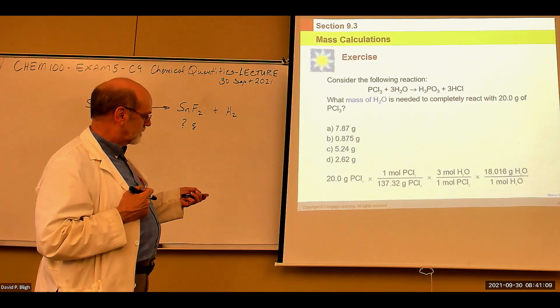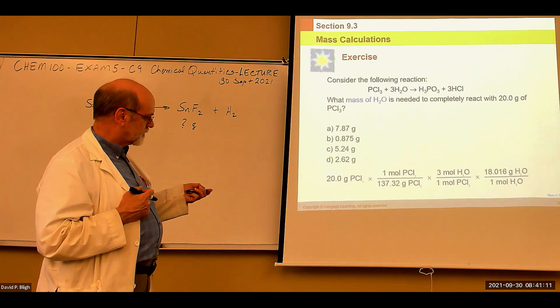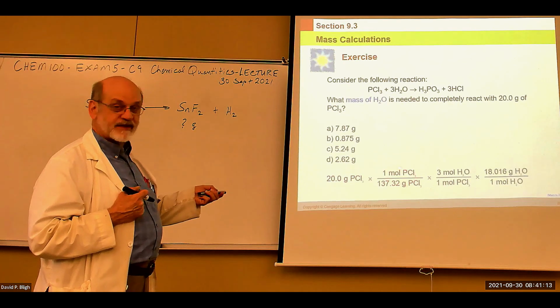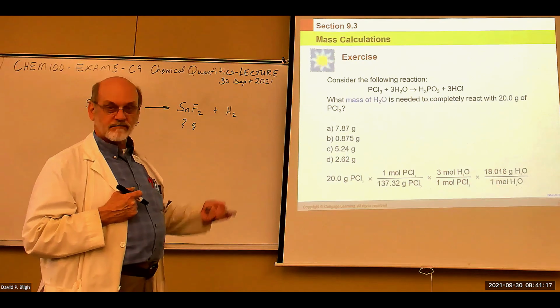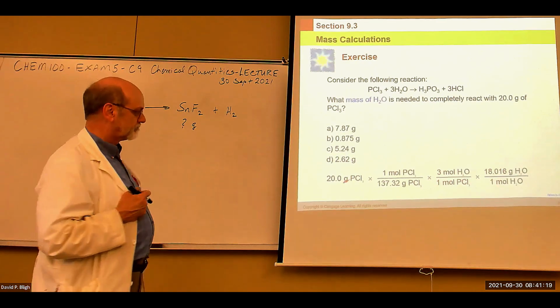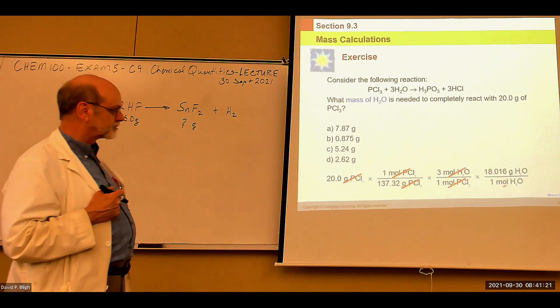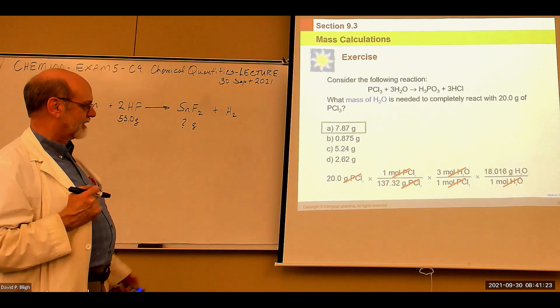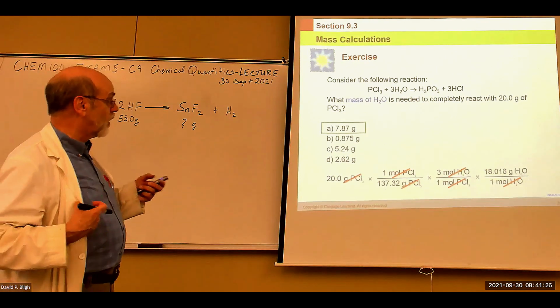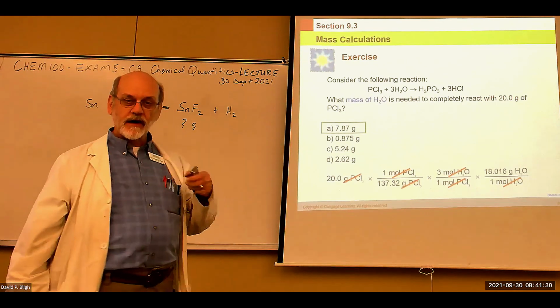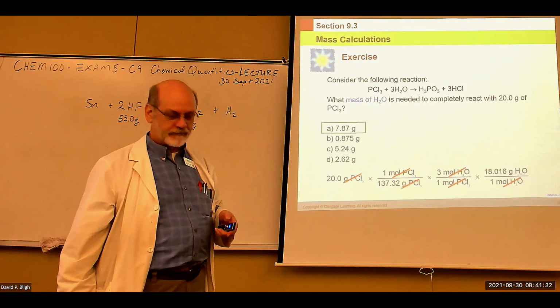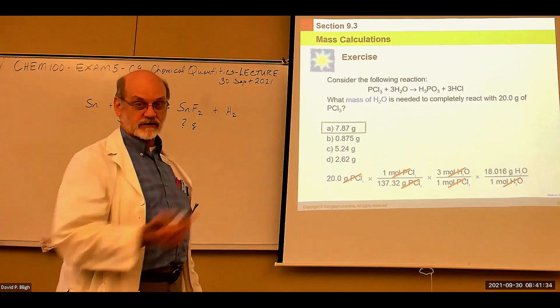And there it is. Convert this to moles, convert moles of PCl3 to moles of water, and then moles of water to mass of water. And that's how much water you need to completely react with 20 grams of phosphorus trichloride in that reaction.